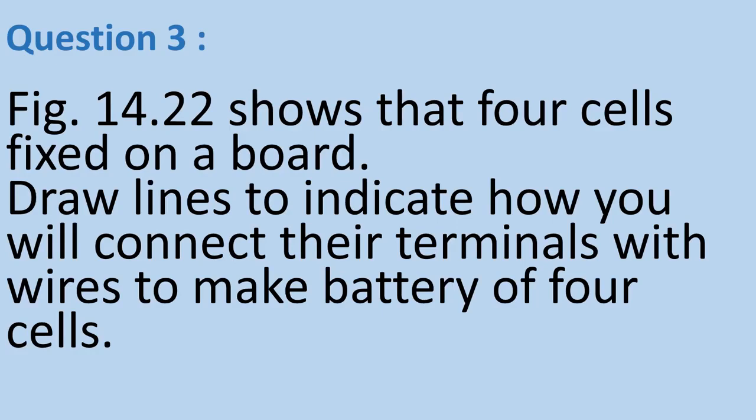Question number 3. Figure 14.22 shows 4 cells fixed on a board. Draw lines to indicate how you will connect their terminals with wires to make a battery of 4 cells.